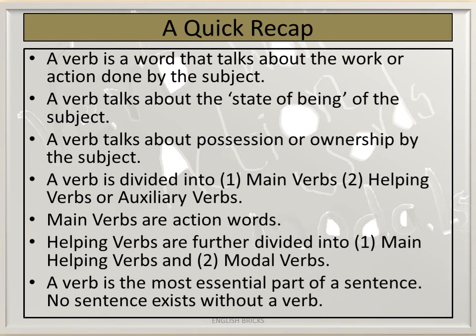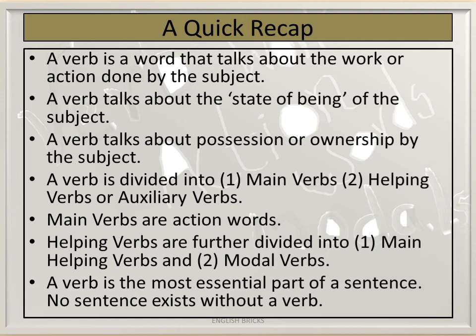So a quick recap before we wind up the lesson. A verb is a word that talks about work or the action done by the subject. Clear? Action word. A verb also talks about the state of being of the subject, the status, the situation, the condition. A verb talks about possession or ownership by the subject. These are the three primary functions of a verb. Verbs are divided into two: main verbs, and helping verbs or auxiliary verbs.